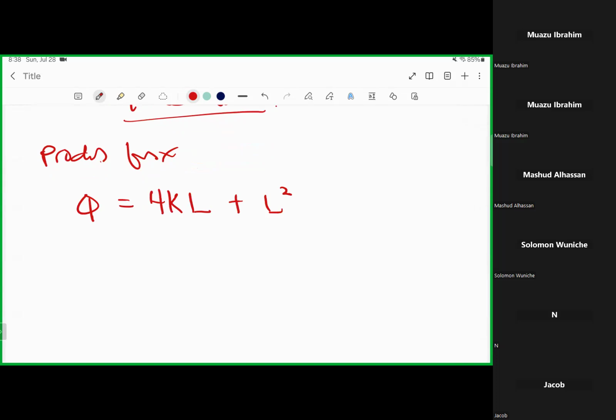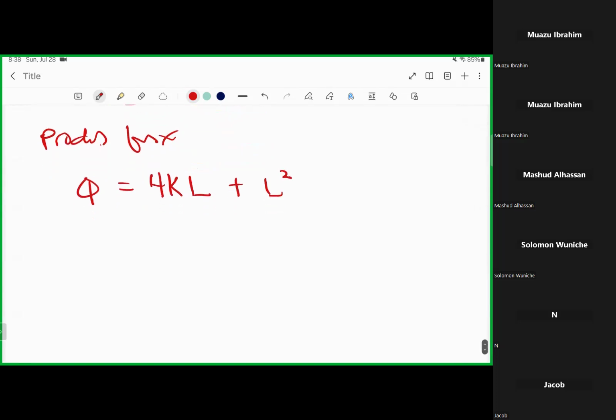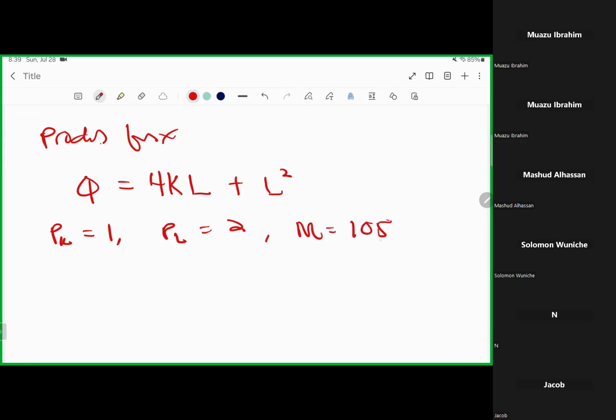How much is Overby spending? Overby is M. And they are saying the price of capital is how much? 1 cedi. Is that not it? And price of labor is 2 cedis. And Overby has 105 Ghana cedis to spend on the two inputs, as you can find in the question.